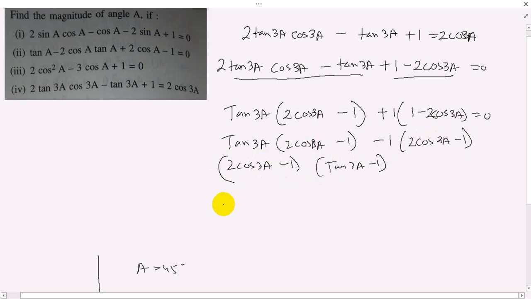So 2 cos 3A is equal to 1, or cos 3A is equal to 1 by 2.